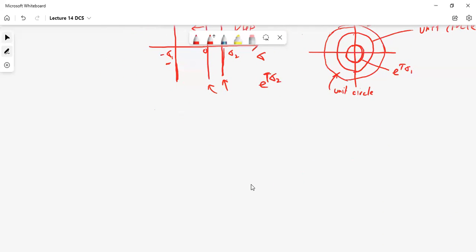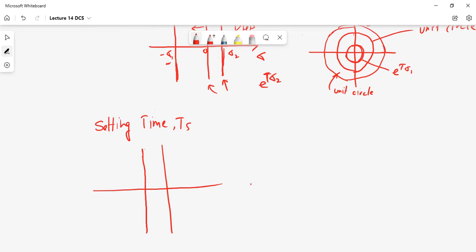Now, within a similar topic, we can also find out the settling time, TS. So we want to find a zone with a settling time of less than a particular given value.